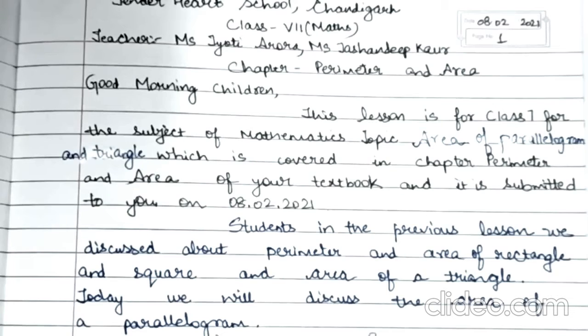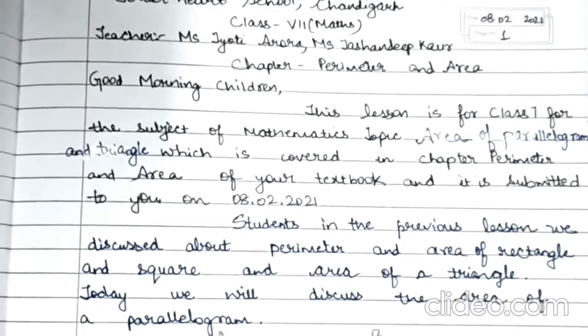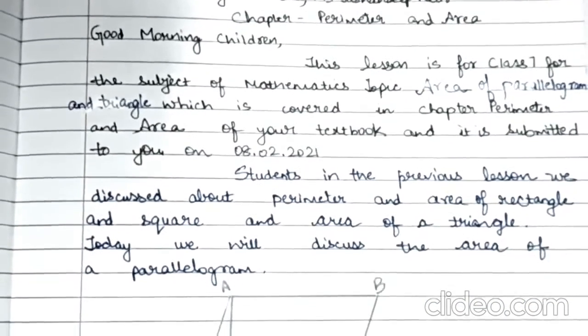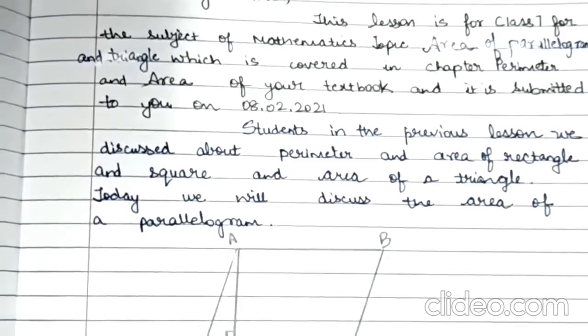Students, in the previous lesson, we discussed the perimeter and area of a rectangle and square. Also, we discussed the area of a triangle. Today, we will discuss the area of a parallelogram.